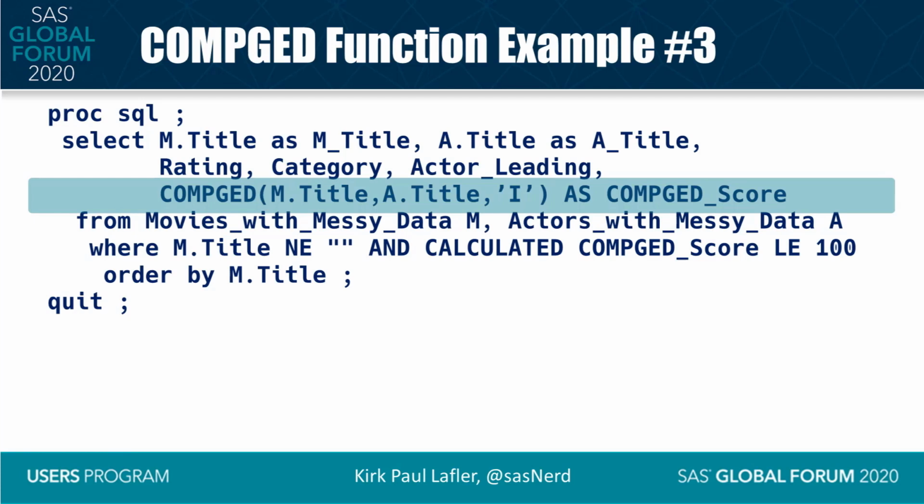That's what the I modifier does. If specified, it allows us to ignore the case. So case is no longer important, whether it's uppercase or lowercase or mixed case, as long as it's spelled the same. And then we want to display a subset where the calculated COMPGED score is less than or equal to 100, and then display the results in ascending order by movie title.